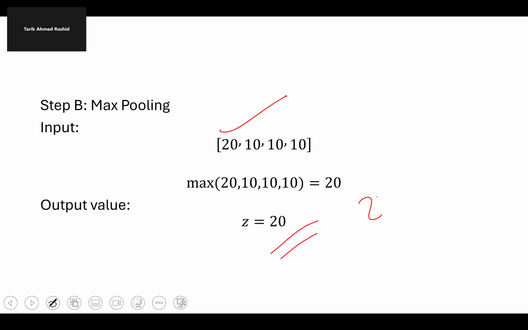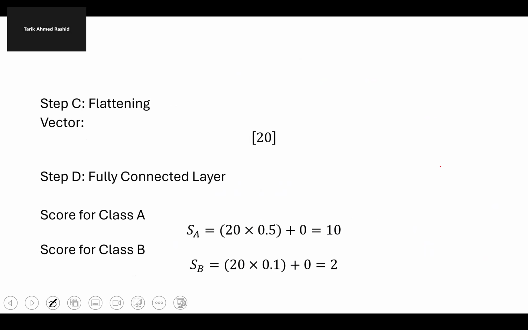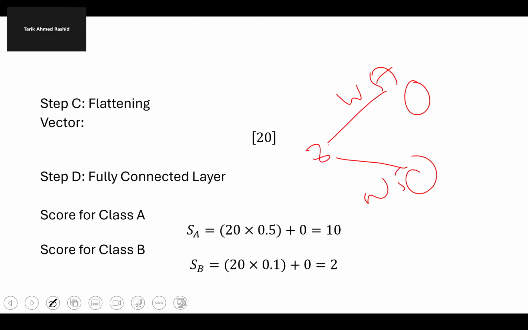So Z is 20. Next, we are going to multiply Z by the two neurons that we have. So that's WA, and that's WB, and that's your Z. It means 20 multiplied by 0.5 and 20 multiplied by 0.1.